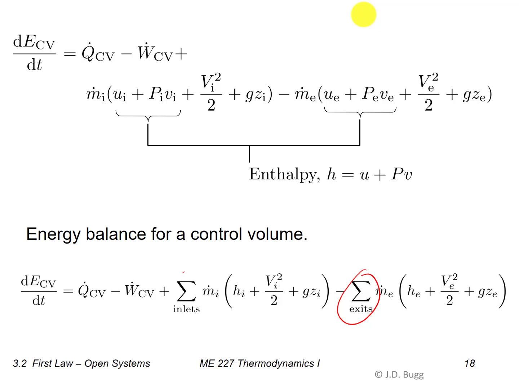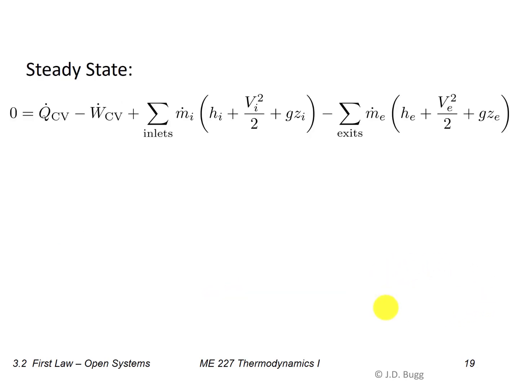We're certainly going to see situations later on in the course where we have multiple inlets and multiple exits. So to make this conservation equation more general, we show that we can have any number of inlets and any number of exits. We just need to include one of these terms for each inlet and one of these terms for each exit.